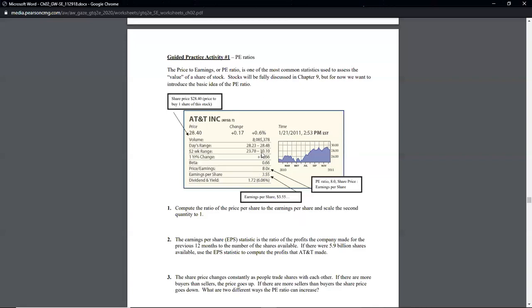Okay, so here's what a stock ticker looks like, or a stock quote. Some people call it the ticker, some people call it the quote. Again, I don't really care what you call things. It's not super important to know the deep, detailed names. It's understanding how to use them and apply them.